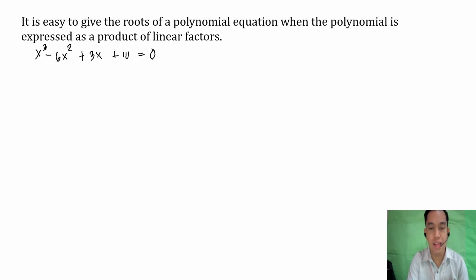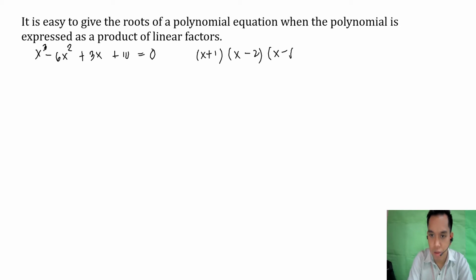So kukunin natin ang factor nitong polynomial equation na to. So yung factor niya are x plus 1, x minus 2, and x minus 5 equals 0.